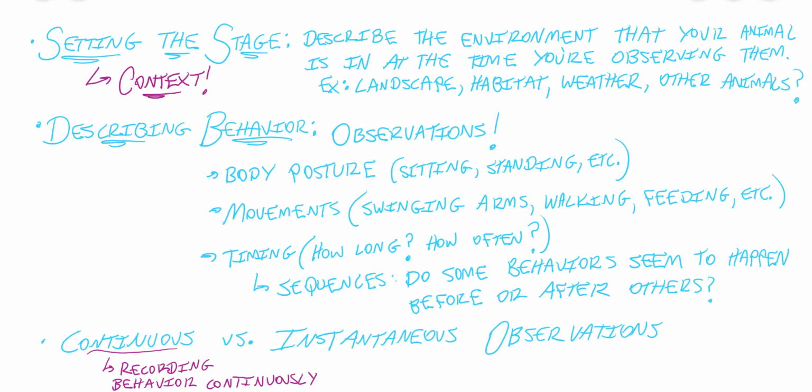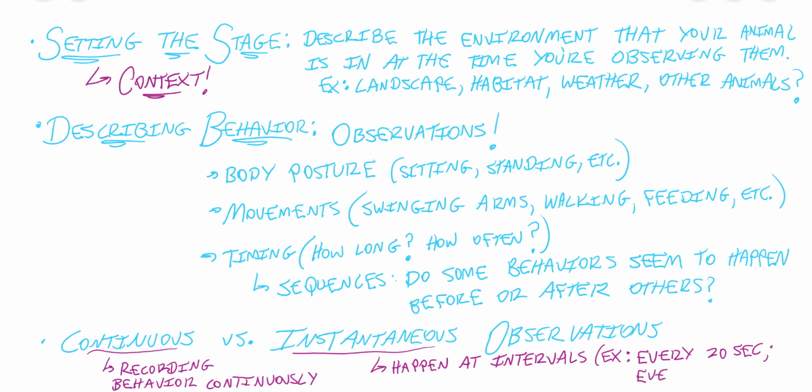Now that's different from instantaneous. Instantaneous observations happen at intervals. For example, maybe it's every 20 seconds, could be every 2 minutes.